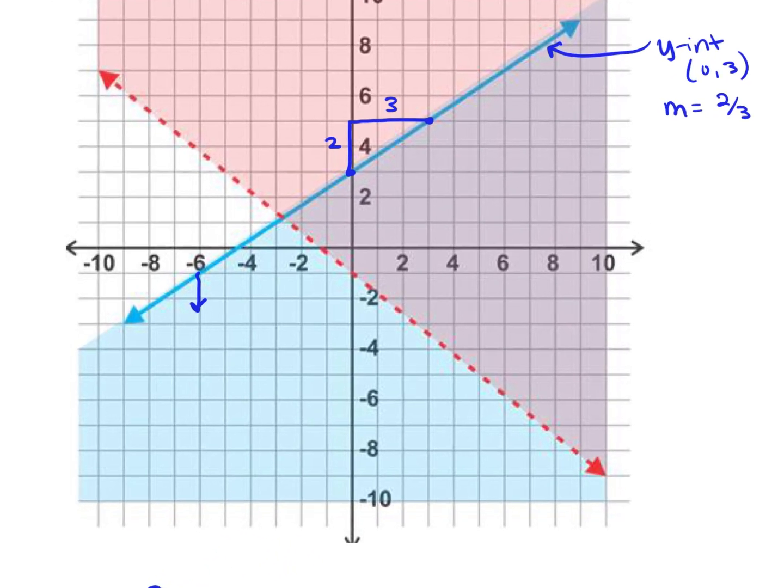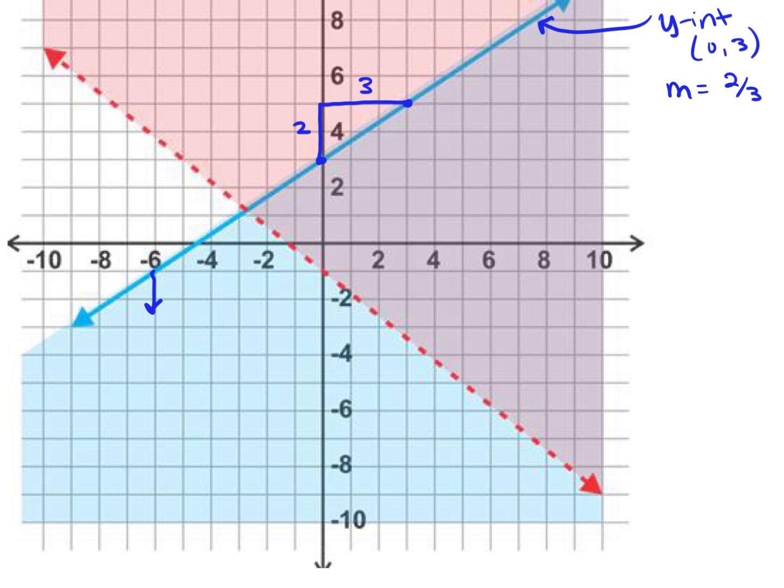All right, so I'm going to zoom in. Now let's focus on this red line right here and get all the information. So starting with the y-intercept, I can see it is right here at -1. So the y-intercept is (0, -1).